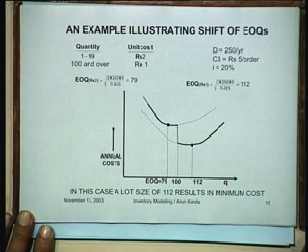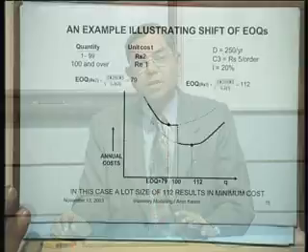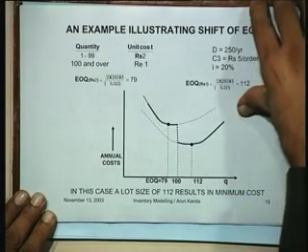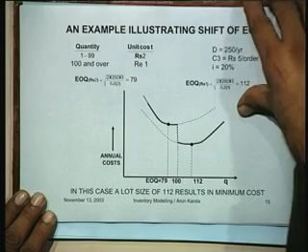So depending upon the nature of the discounts and the breaks, you have to look at the total cost curves and see how the optimum would be shifting from one place to the other.